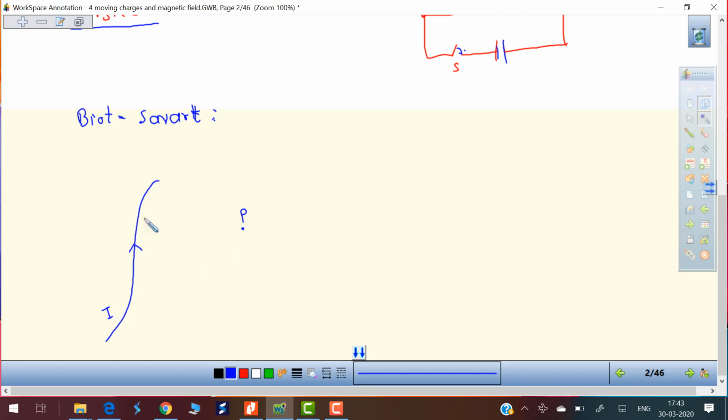This is an irregular shape, so it is divided into small current elements. This is one current element, the second, there are so many, but I show here one current element.